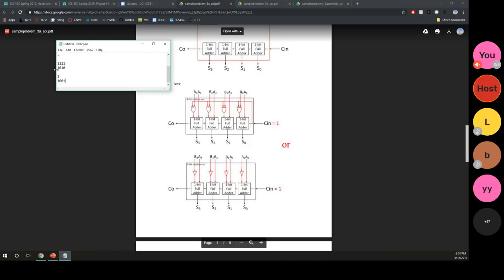Unless somebody wants to tell me I'm wrong. Because once you solve for this, you still have to add these two together. You still have to do the actual addition for that. And then once you add them together, theoretically, this is your output. Yeah, exactly.